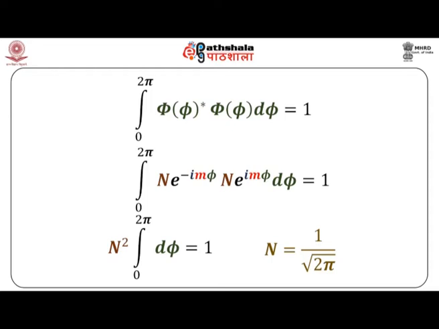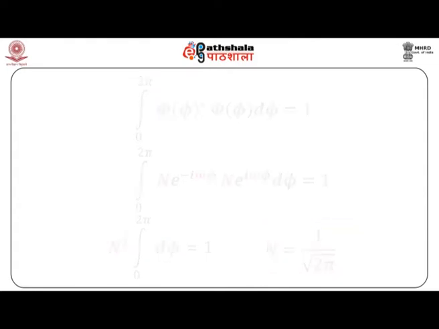If we apply the normalization condition on this Φ function, which means that the integral should be equal to 1, and if we further simplify, we get the value of the normalization constant N equals 1 upon under root 2π.